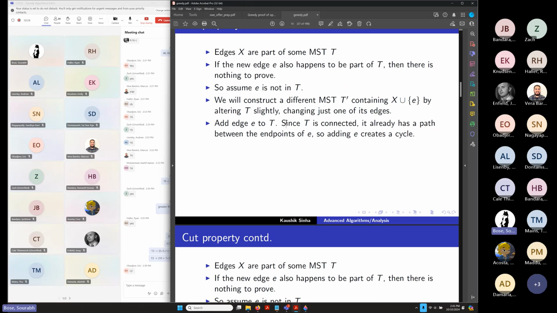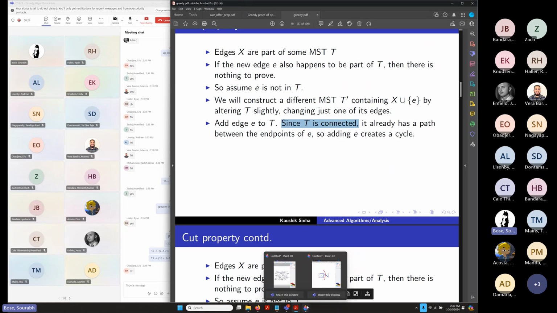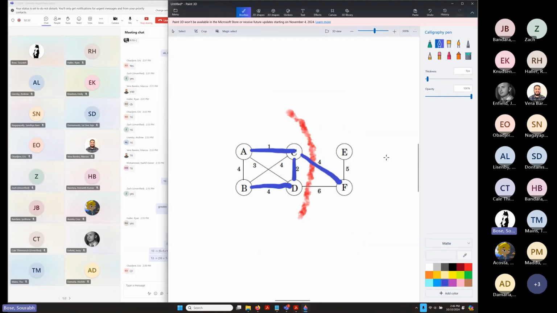If T is connected, it means that all vertices have been connected by this tree. Let's say the blue edges are the tree, and that is connected. The question is, do you guys agree that adding one more edge, whatever edge, will create a cycle?